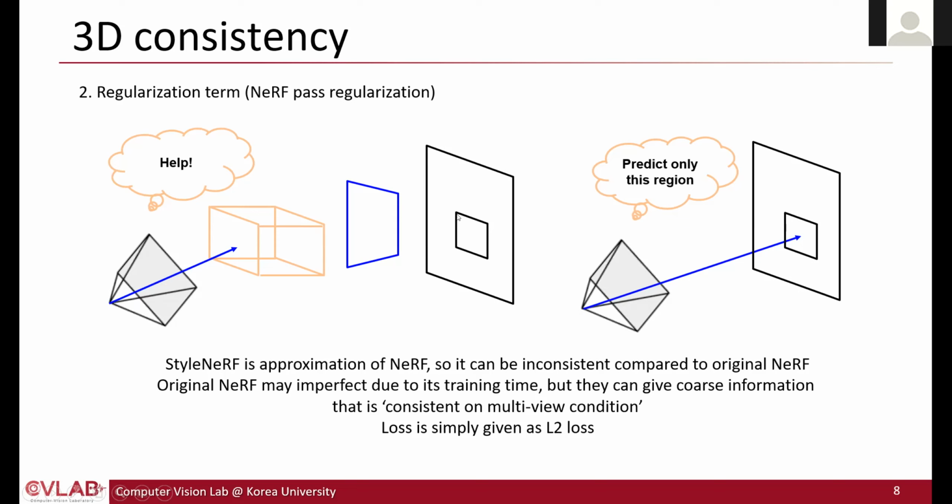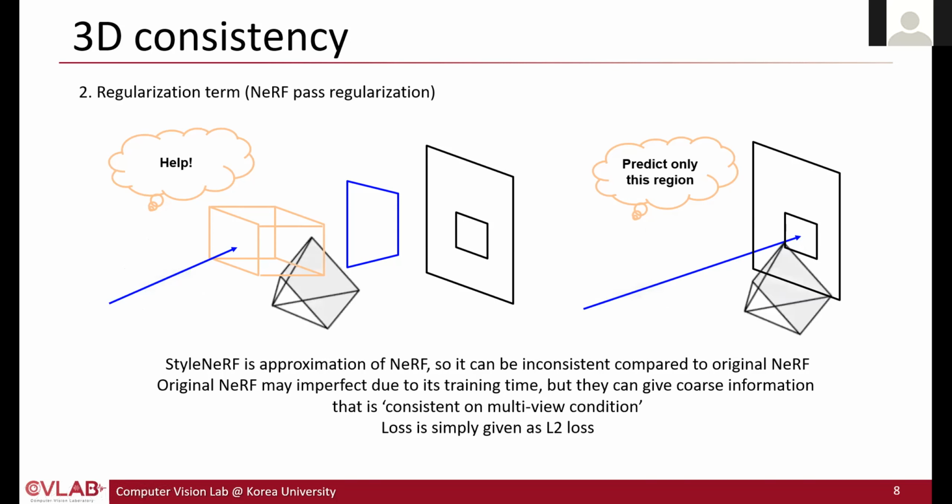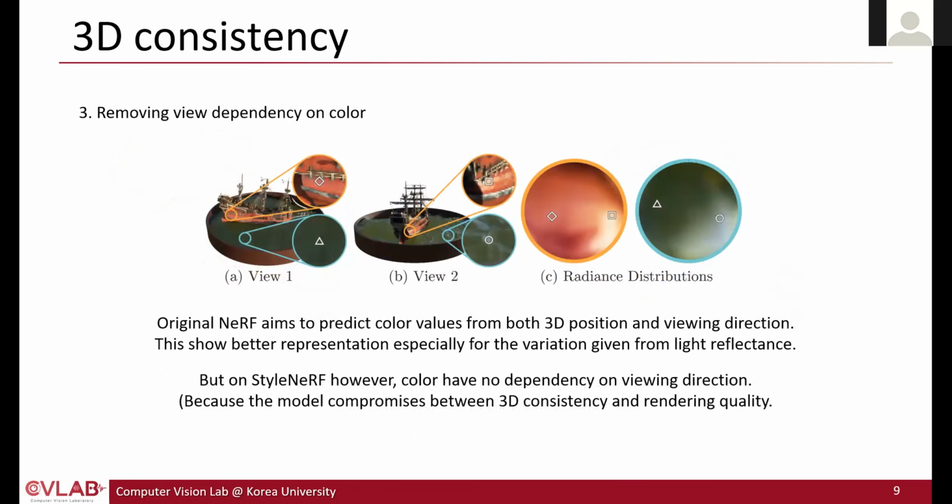This is the original StyleNeRF, and this is the original NeRF. They use these patch images to keep the 3D consistency because this is more consistent in 3D. And another thing is the original NeRF.